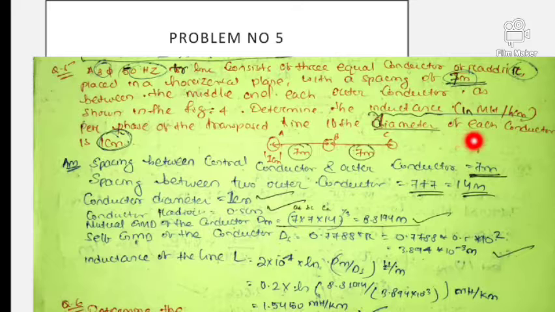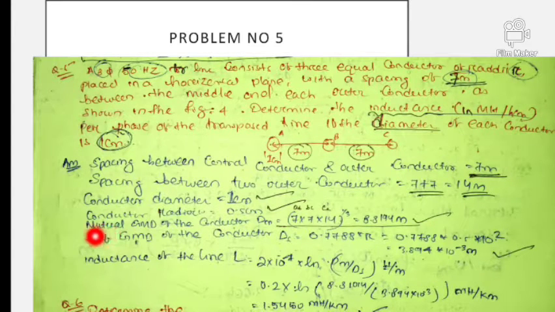If the diameter of each conductor is 1 centimeter, then radius is equal to 1 by 2, that is 0.5 centimeter, and spacing between two outer conductors, that is equal to 7 meter plus 7 meter is equal to 14 meter, and the spacing between the central and outer conductors, that is equal to 7 meter here and 7 meter here.